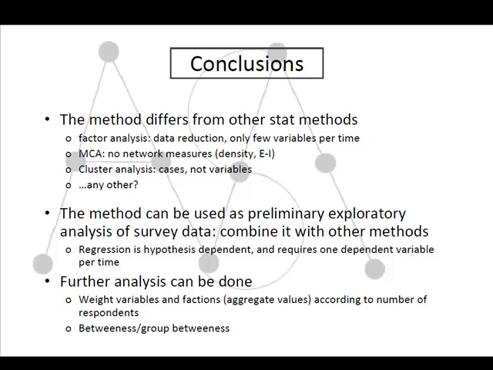And I can look at betweenness and group betweenness, so I can see what variables are in between different groups, different factions, and not only singular variables, I can also look at a group of variables that might be in between. Now, group betweenness hasn't been implemented in network analysis yet, so we need to wait for the methodologies to do that.